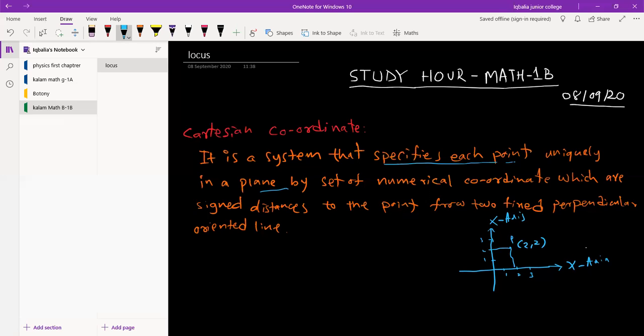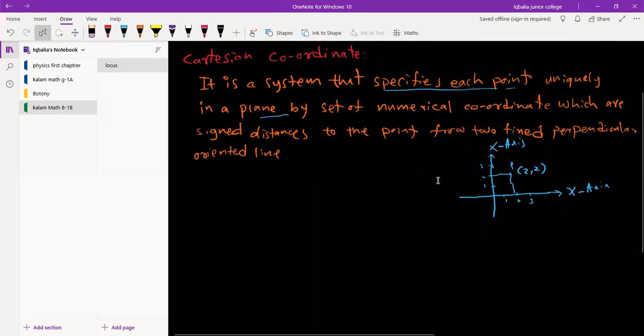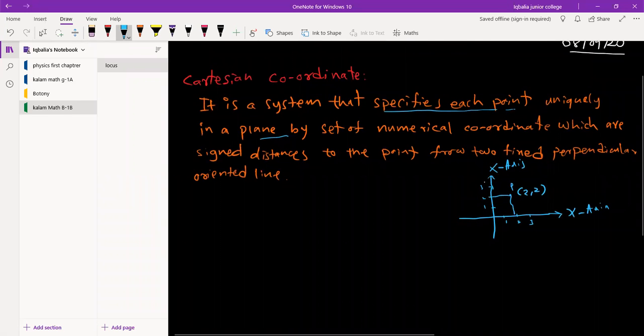Okay, so this is the simple thing with coordinates. अब कार्टेशियन कोऑर्डिनेट में एक चीज और रहती है.